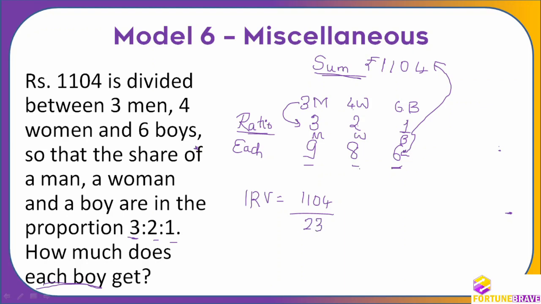Is it correct? Yes. So 23. So we'll see how much it will be divisible by. 3 5s are 15, so that is not possible. 4, it will be divisible, right?